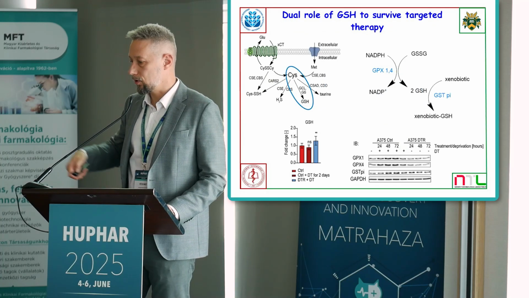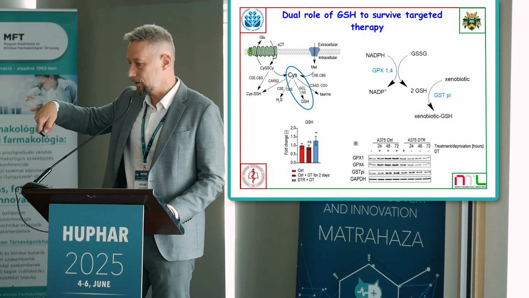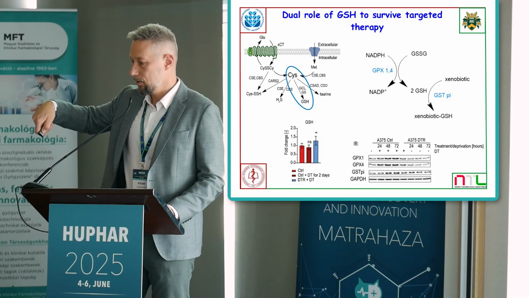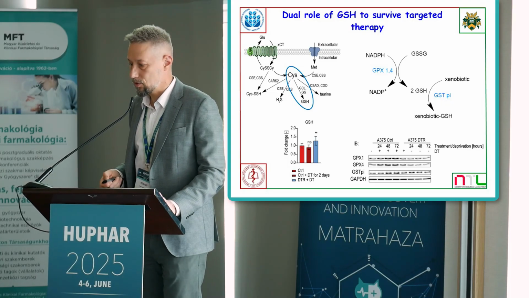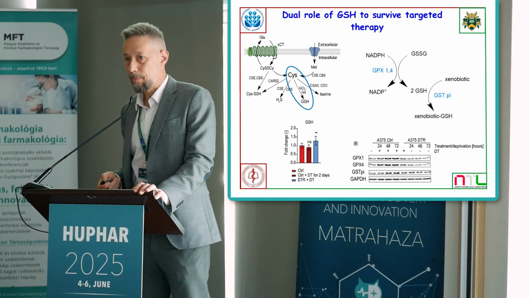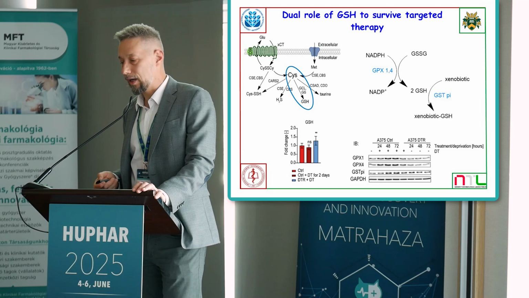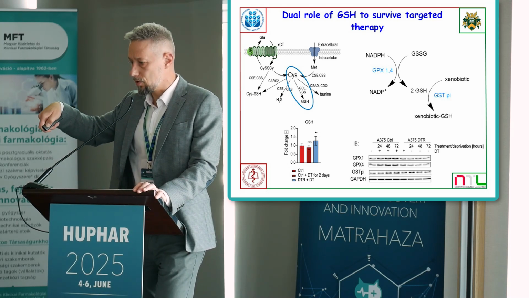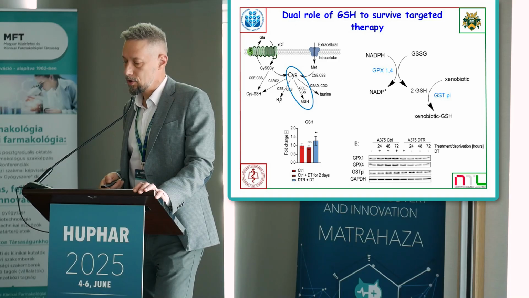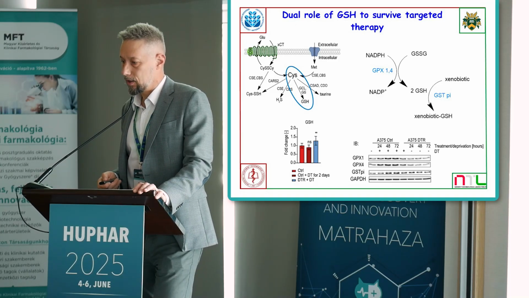When we looked into glutathione production, indeed we found a number of proteins that utilize glutathione for protecting the cell: GPX1, GPX4, and GST-pi. The first two are involved in protection against oxidative stress, and GST-pi is an enzyme involved in clearing the xenobiotic, the drug. They're all up, and they use glutathione, and glutathione production is indeed highly upregulated inside these cells.